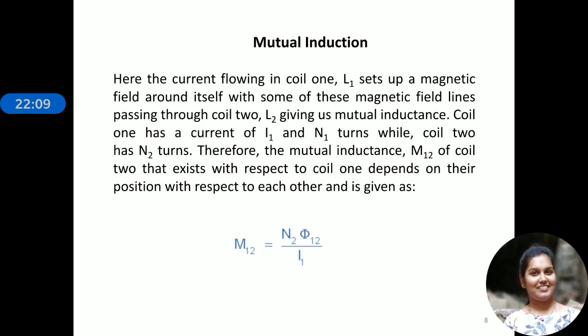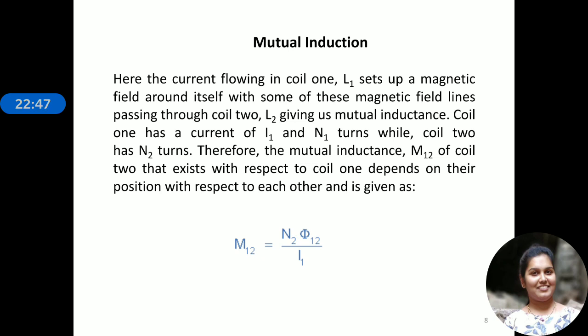So because of this, we can write the mutual inductance between the two coils as M12 equal to M21 equal to M. What I am trying to say is that because of the first coil, mutual inductance will be induced in the second coil, and in the same fashion, because of the self-inductance of the second coil, a mutual inductance will be developed in the first coil. This is called M21.